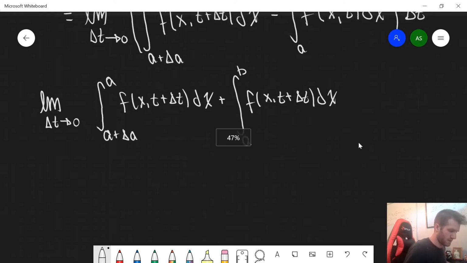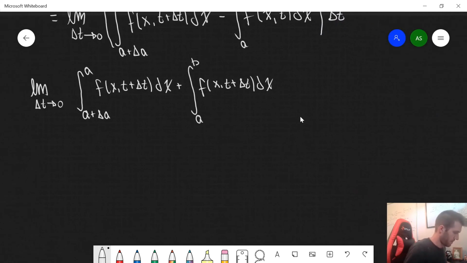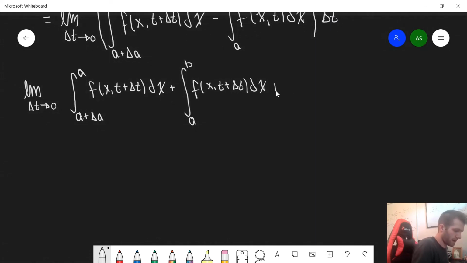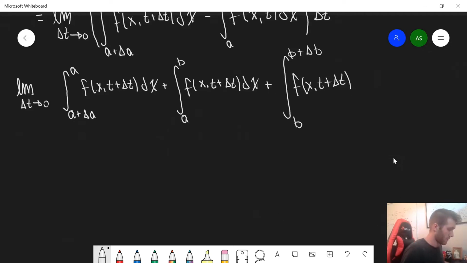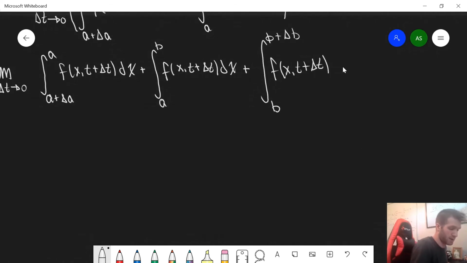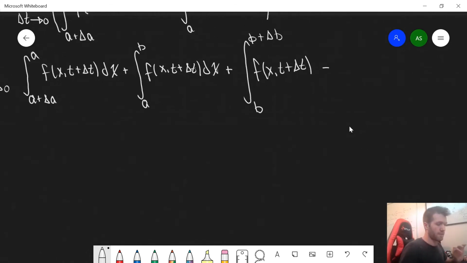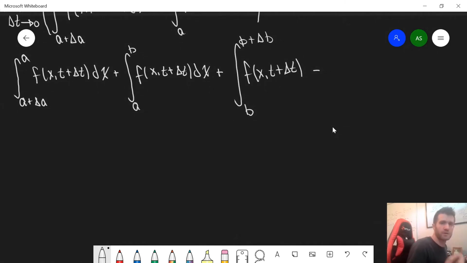And I'm going to expand this out a little bit. And then we're going to be adding from b to b plus delta b. So here from b all the way to b plus delta b. And then that's going to be of our function x comma t plus delta t right there. Okay? And then of course we have to make sure that we are subtracting from our final point of our function of x and t.